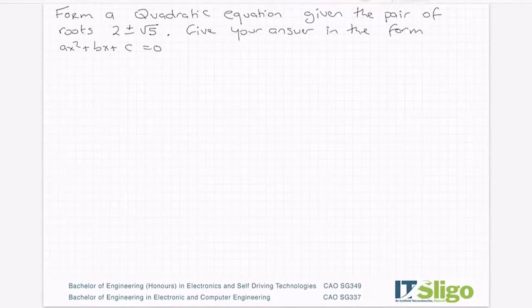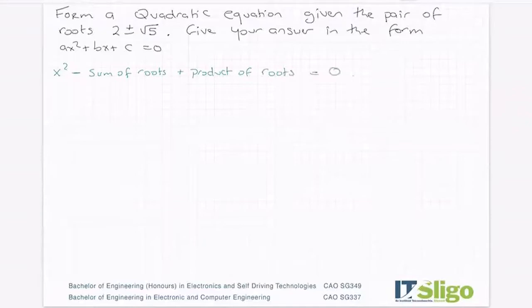Any quadratic can be written as x squared minus the sum of roots plus product of roots equals 0. Okay, so we have two roots here. We have 2 plus root 5 and we have 2 minus root 5.